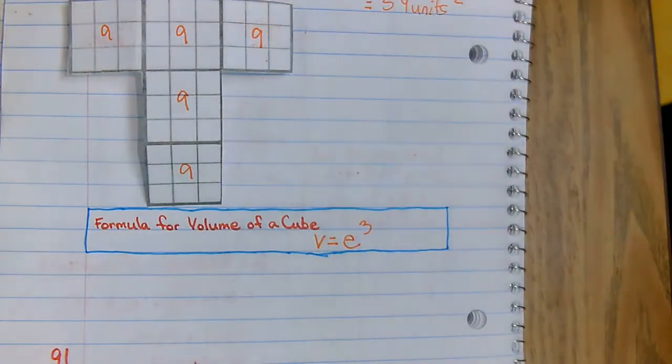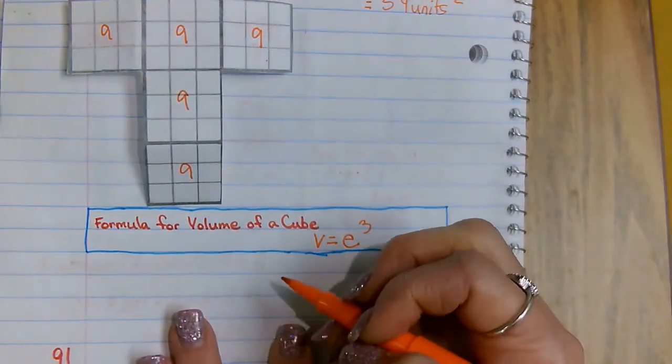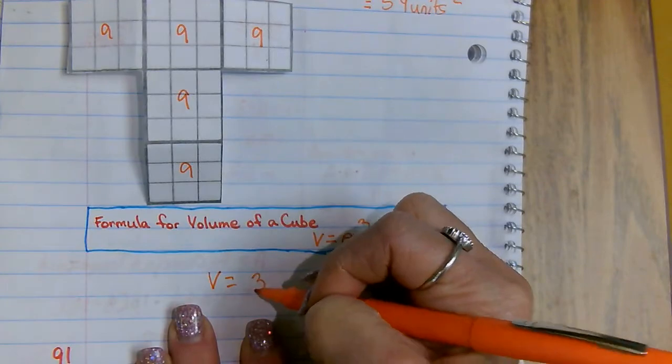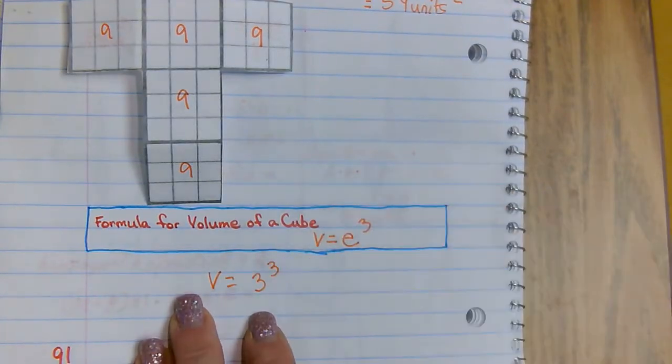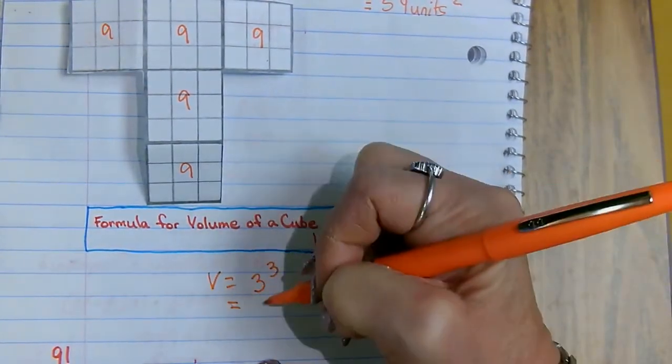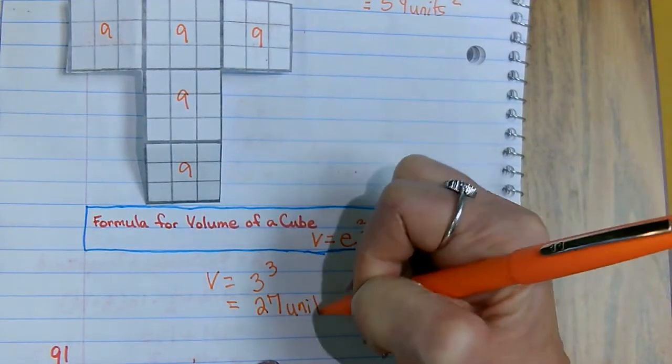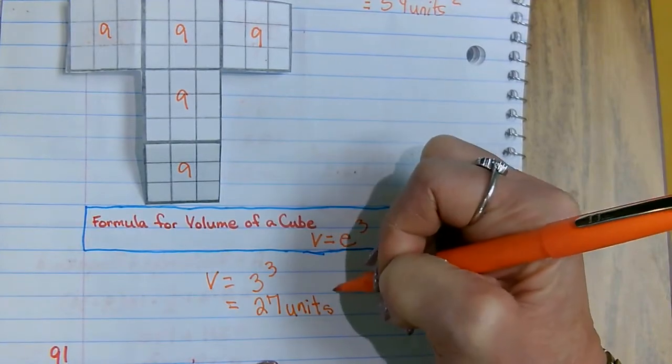All the edges are the same. So to solve for this, volume equals E, which is 3, to the third power. And 3 times 3 times 3 is 27 units, and here's the difference. It's three-dimensional, so we say cubed.